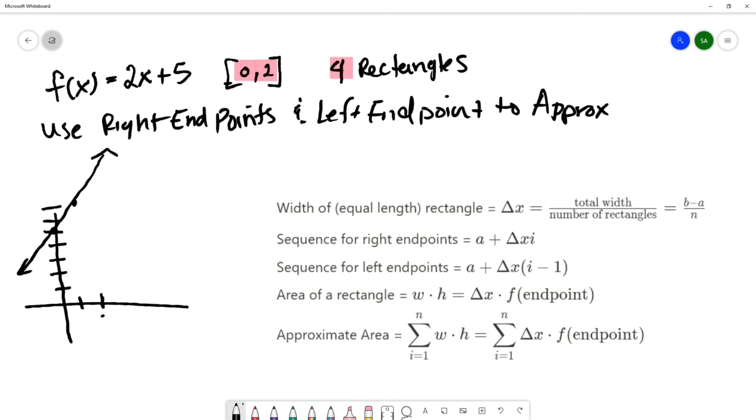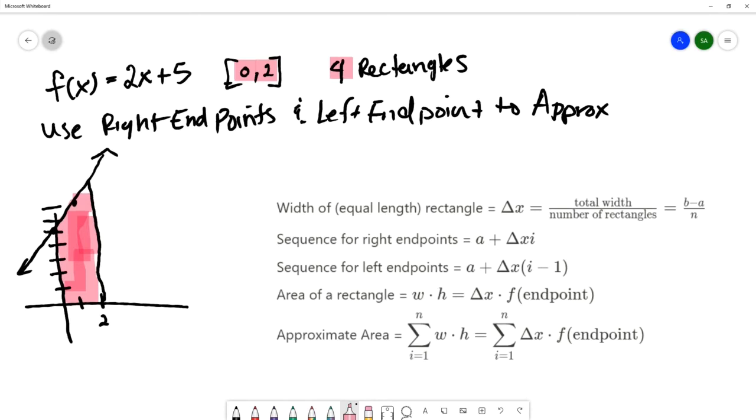So I'm going to draw a vertical line at 2. And this is the area that we would like to approximate. So the area under this curve in between 0 and 2 and the x-axis. And we want to use 4 rectangles.